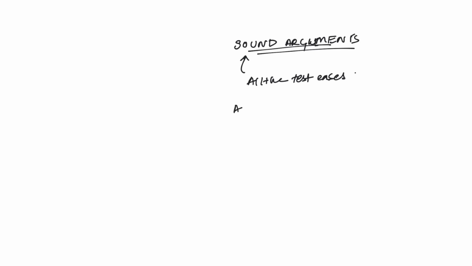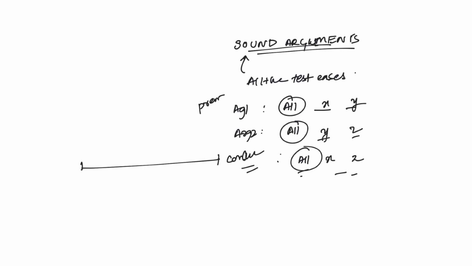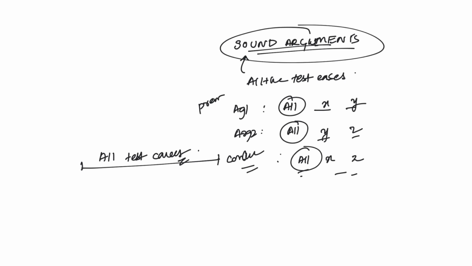So let's say arg1 has all x and y, and arg2 has all y and z, there would be a conclusion from the premises stating that all x and z. So why is this sound? Because we used all. What does all consist of? All is literally all. It considers all the test cases. So that's why we can say this is a sound statement and a sound argument. That's it, guys.